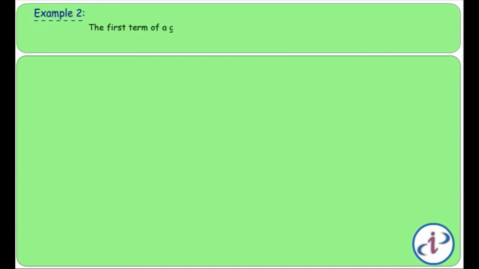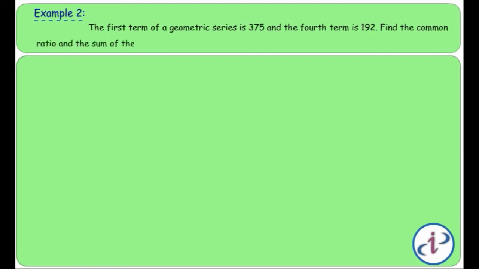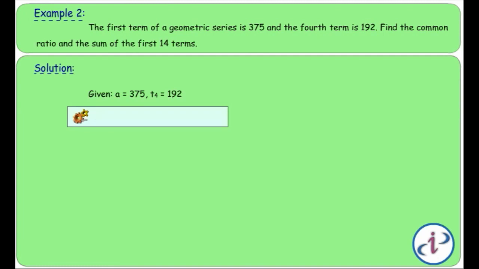Example. The first term of a geometric series is 375 and the fourth term is 192. Find the common ratio and the sum of the first 14 terms. Solution. Given that a is equal to 375 and the fourth term is 192, we know that general term of GP Tn is equal to a times r to the power of n minus 1.